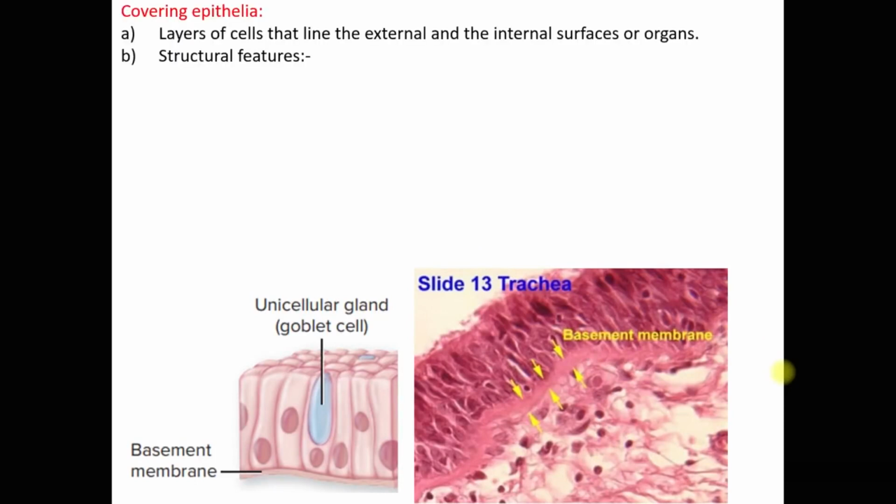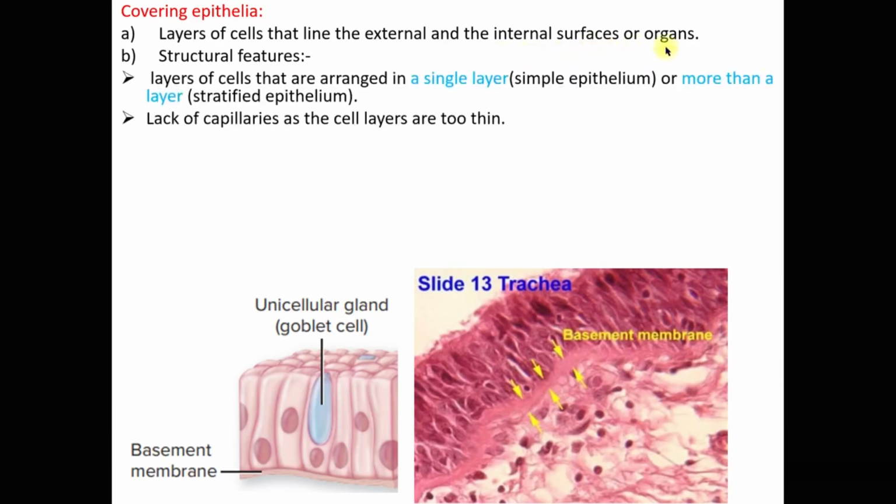So covering epithelia are layers of cells that line the external and internal surfaces of organs. Now, structural features. These covering epithelia are layers of cells arranged in a single layer or more than one layer.